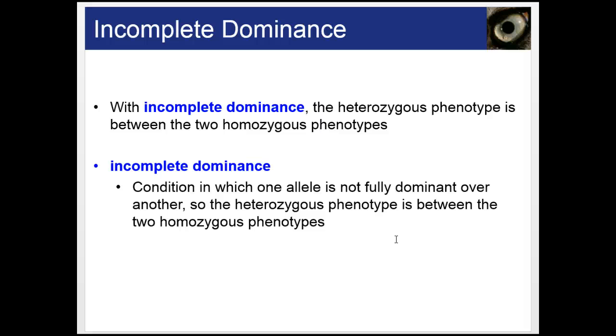So on red blood cells of people with type AB blood, they have what's called a glycoprotein, a carbohydrate that hangs off of a protein on the membrane, of the one type from the A, and from the other type, B. You can actually see both of those. But in incomplete dominance, it's actually more of a blending. It's an in-between thing.